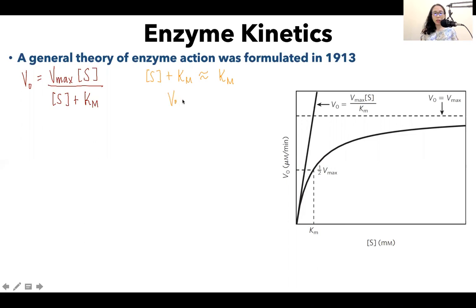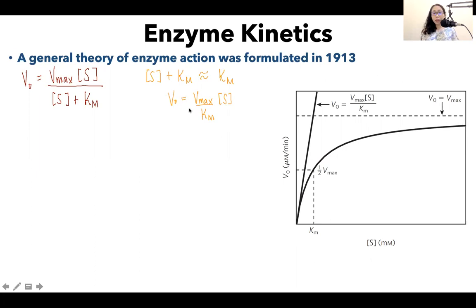And the Michaelis-Menten equation becomes initial velocity equals Vmax over Km times the concentration of the substrate, which gives us a line. And this fits the linear behavior that we observe between initial velocity and the concentration of the substrate in this condition.